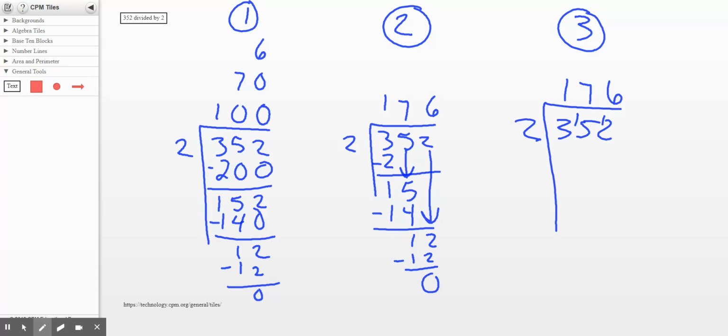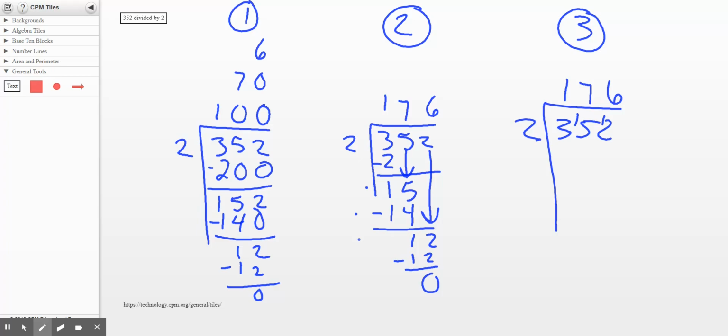And I have 1 100 left over, and I've got 5 tens left over, so I've got 15 tens. So I've got a quantity of 15 tens left over. And then I've used up a quantity of 14 tens, so that I have a quantity of 1 10 left over and 2 ones. So I can see that below the line in method 2, I'm representing the quantity of what's left over. But what do those arrows mean?